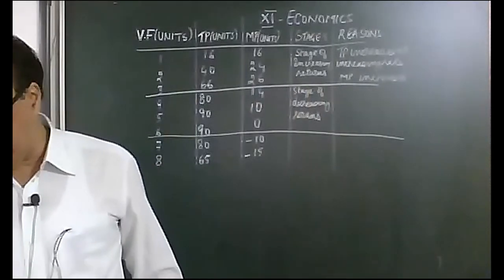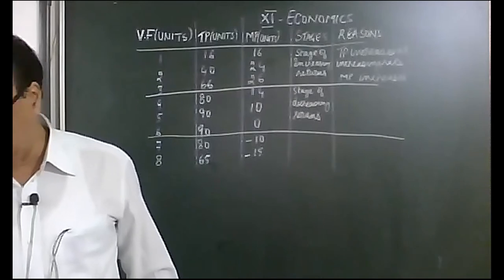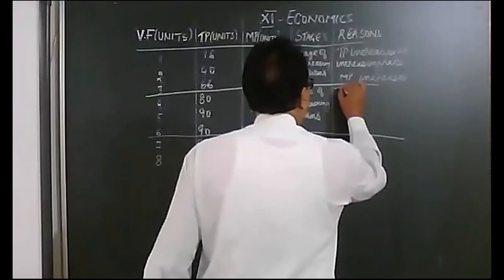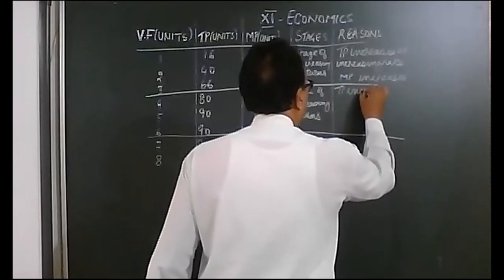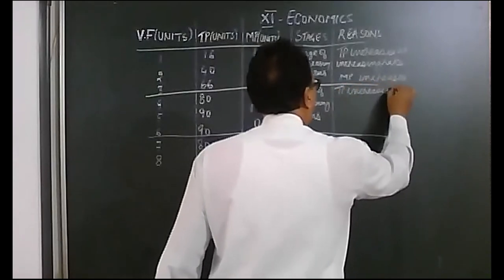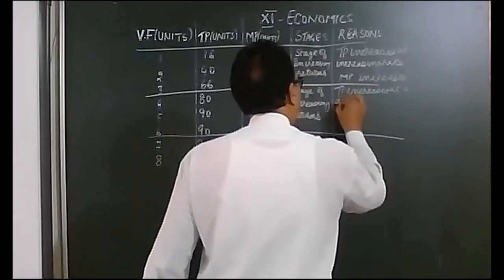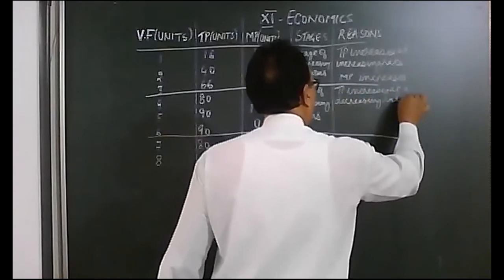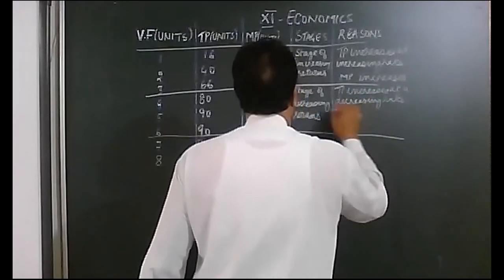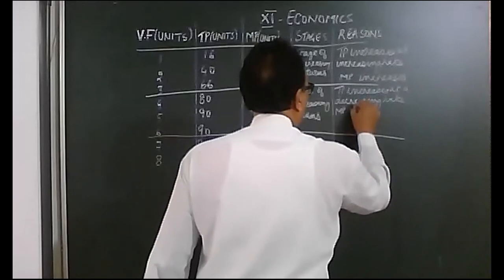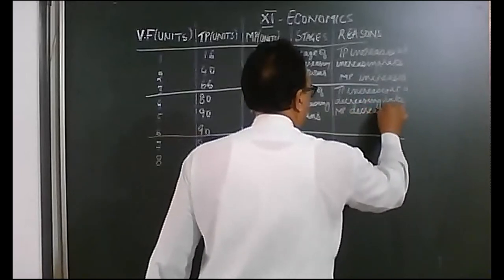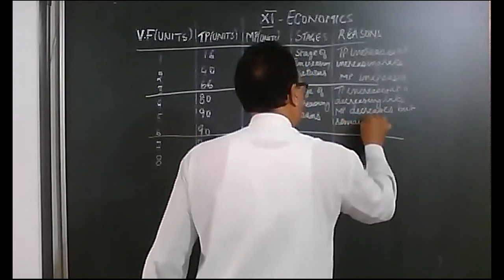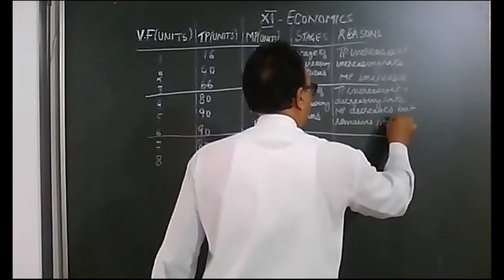Because TP increases at a decreasing rate, MP decreases but remains positive. TP increases at a decreasing rate. What happens to MP? MP decreases but remains positive.